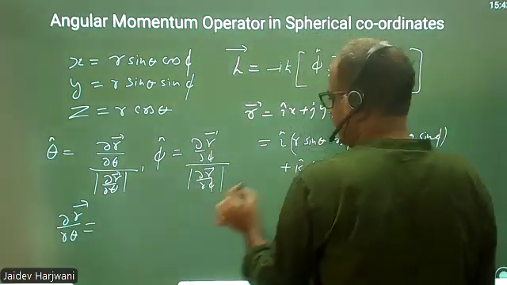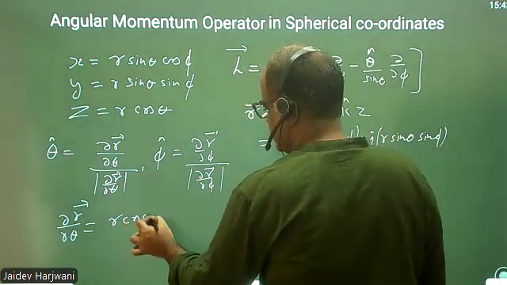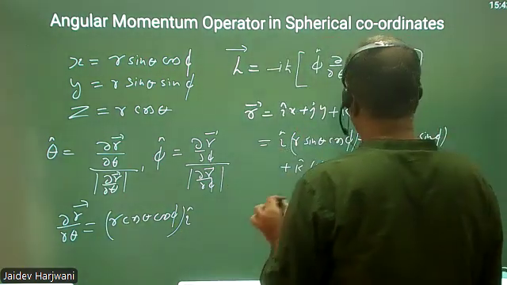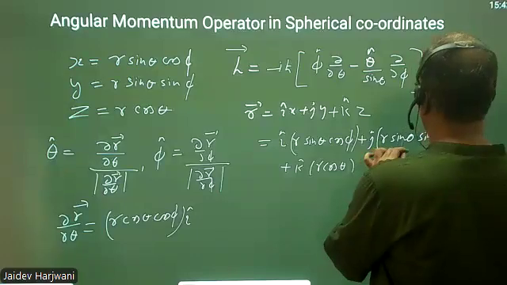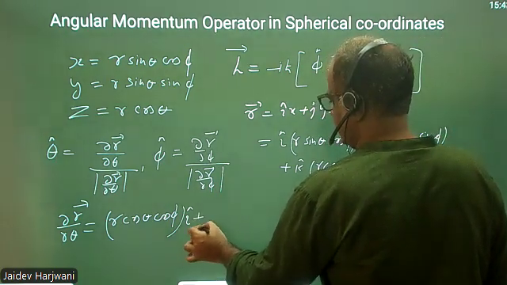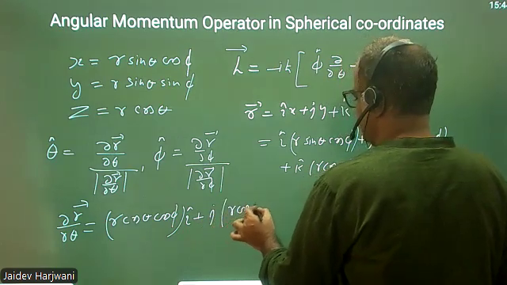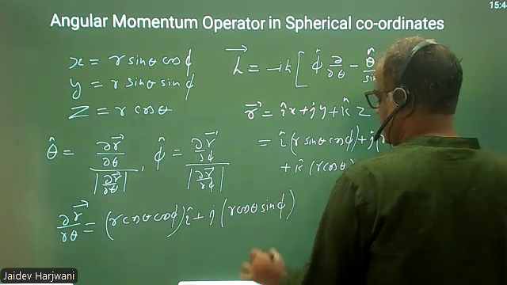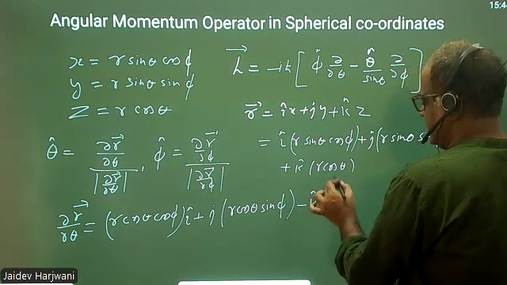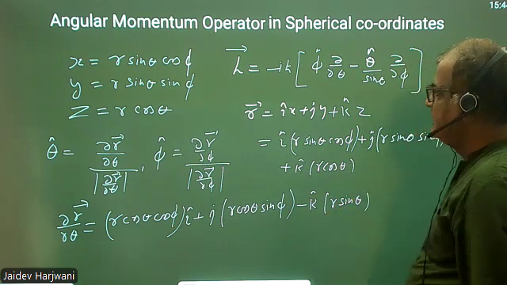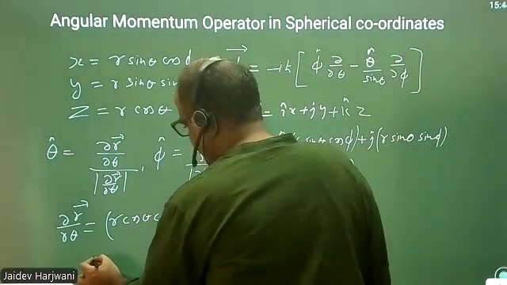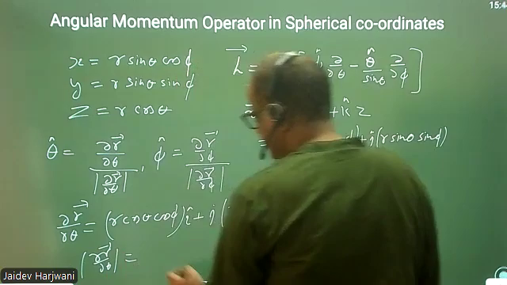You have r cosθ cosφ for î, then r cosθ sinφ for ĵ, and then −r sinθ for k̂. And now if you calculate the magnitude of ∂r/∂θ, it will come out as r, because it is under a root.